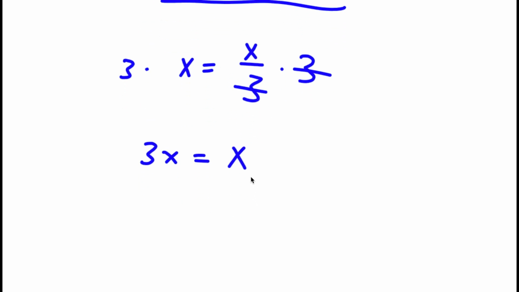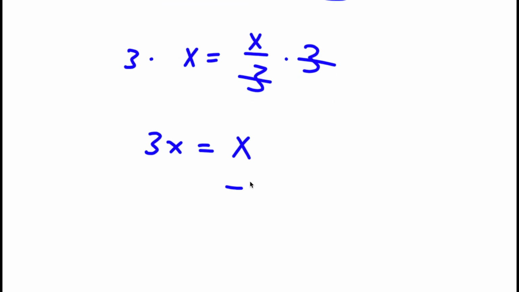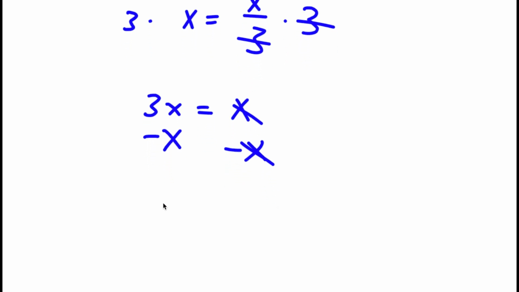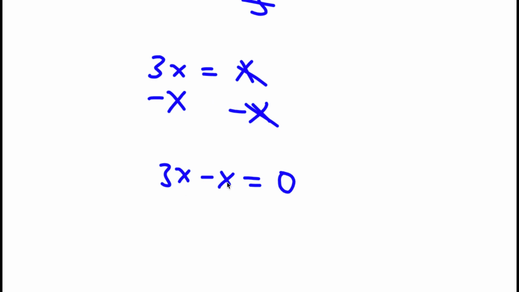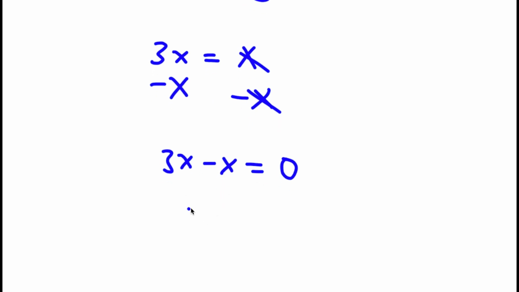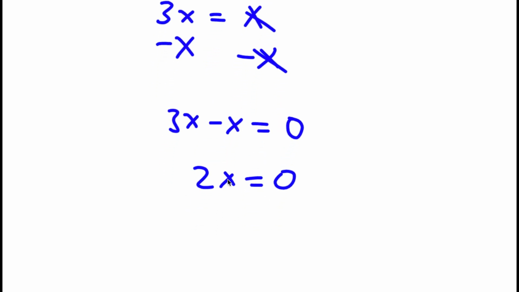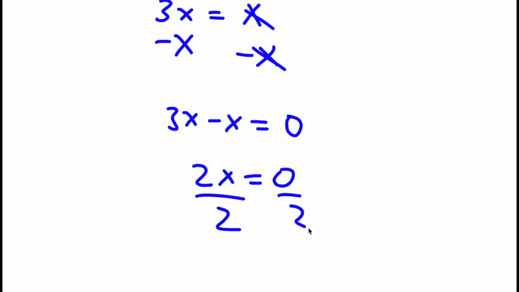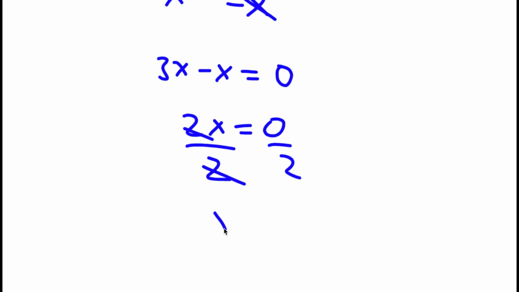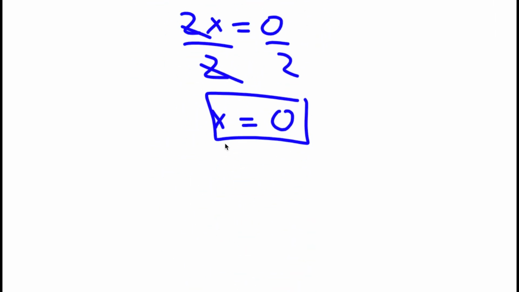And now, I'm going to subtract both sides by x. So then these two cancel out, and I'll be left with 3x minus x is equal to 0. Well, 3x minus x is simply 2x, so I have 2x equals 0, and now if I divide both sides by 2, these two cancel out, I'll be left with x is equal to 0 divided by 2, which is 0. So that's the second method of solving this problem.